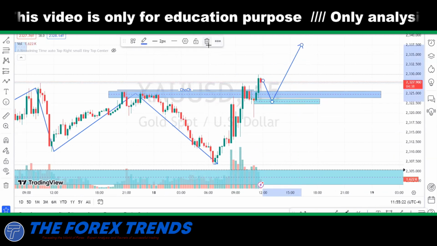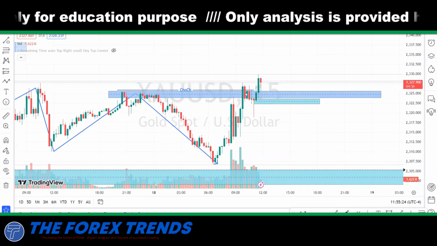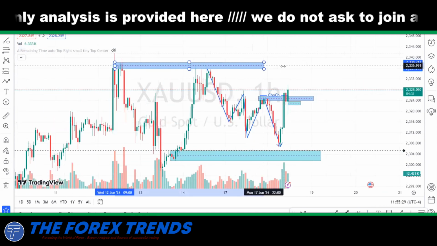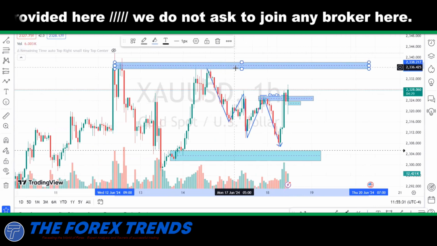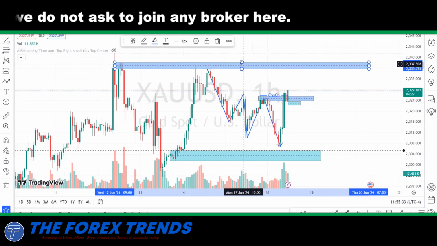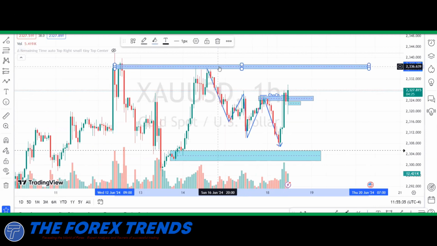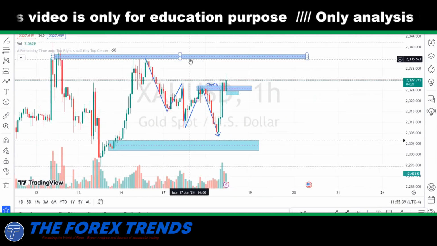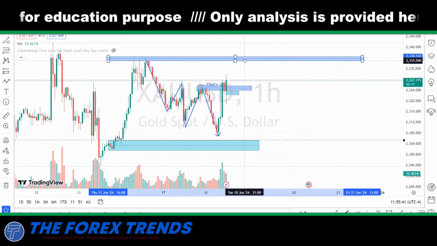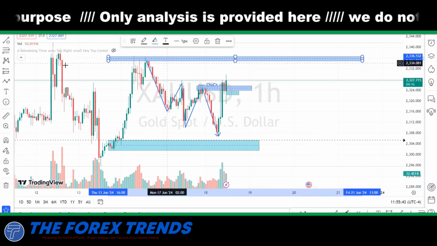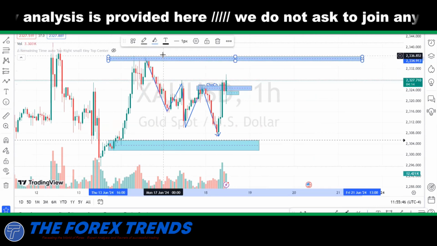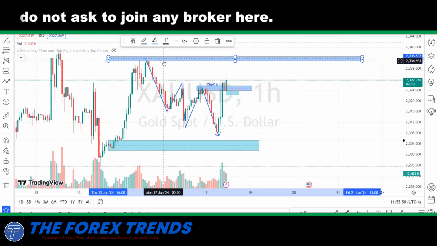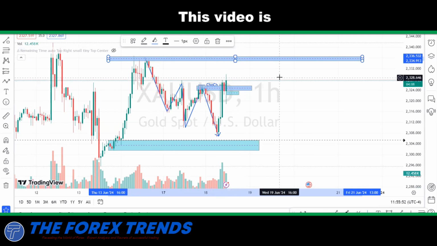Let me shift again to the 1 hour frame, and there is a previous resistance. Let me define this point again. This is the next resistance, and the price is 2336 to 2334.